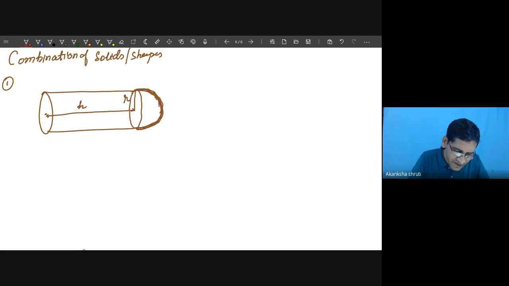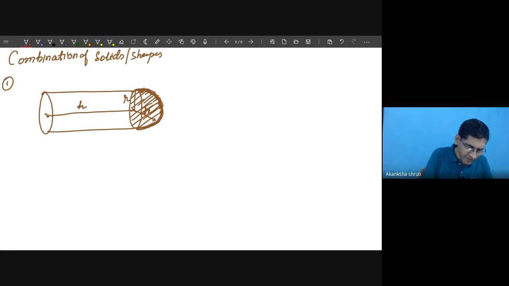So the surface area is common, the circular surface area. The radius is the same. We are maintaining the same radius, even when we draw from the same center to any point on this sphere.